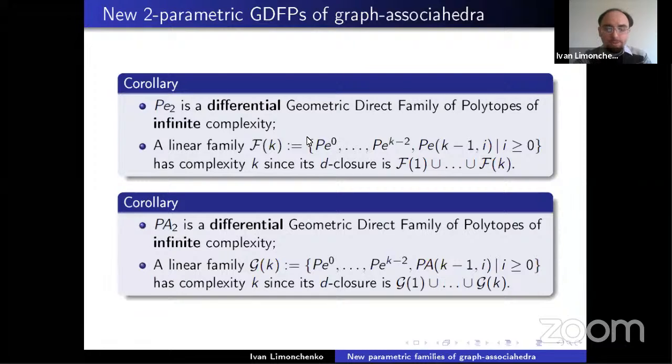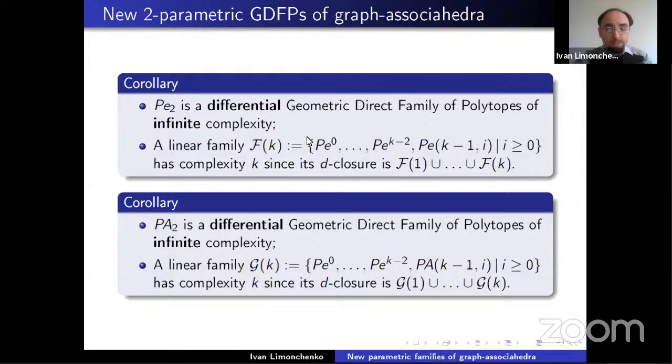Now, here is the solution to the open problem about arbitrary complexity. Starting with P of n1, n2, these double complete graphs, first of all, it's a differential-closed, or D-closed, geometric family of polytopes of infinite complexity, because itself it has infinite complexity.